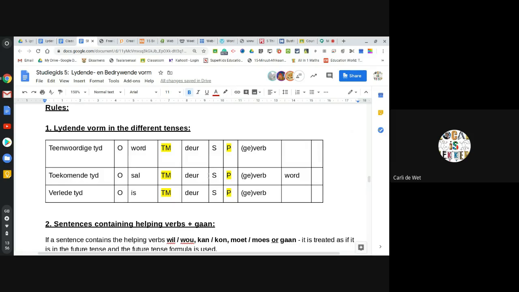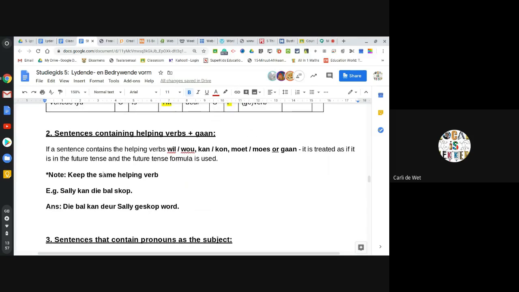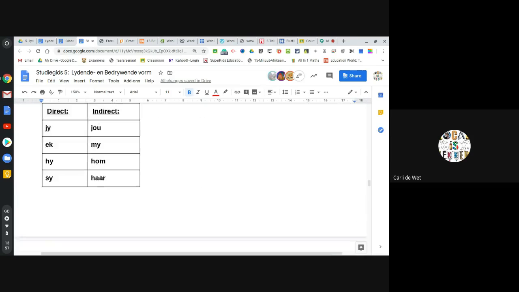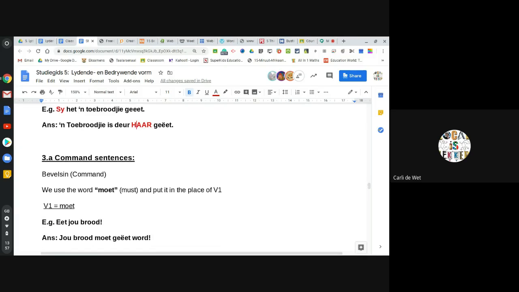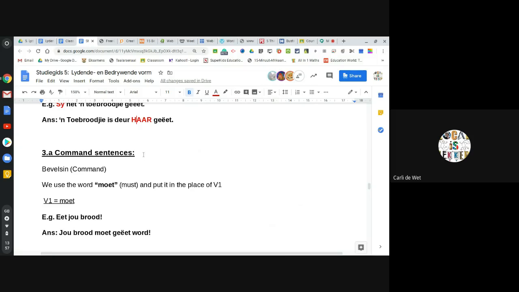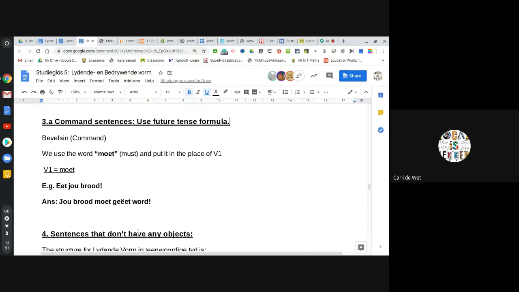But they all take the future tense formula. Okay. So also, if it's a bevel sentence, I'm going to use goed, eet jou brood moet geëet word.